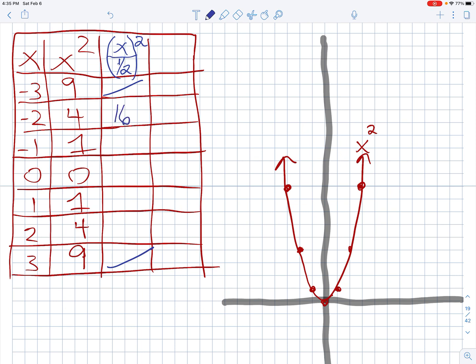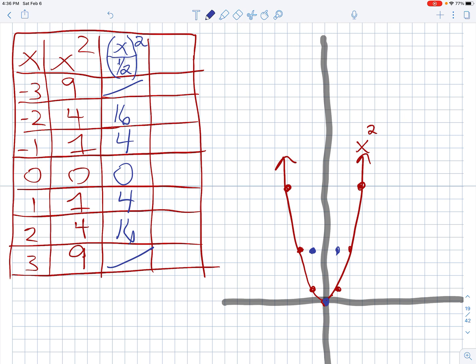So when x is negative 2, negative 2 divided by 1/2 is negative 4, and then squared is 16. Negative 1 divided by 1/2 is negative 2, squared is 4. 0 divided by 1/2 squared is 0. 1 divided by 1/2 is 2, squared is 4. 2 divided by 1/2 is 4, squared is 16.